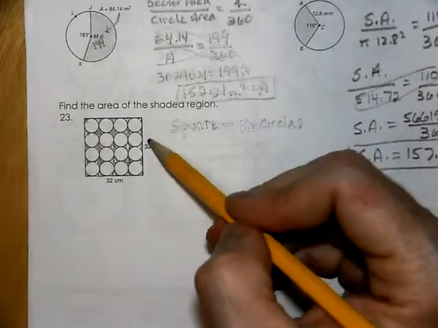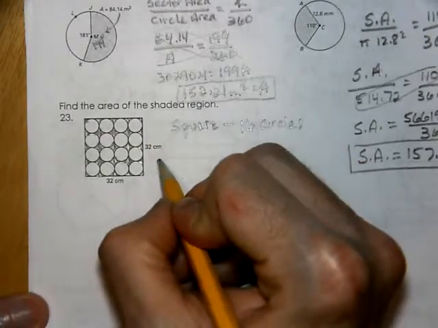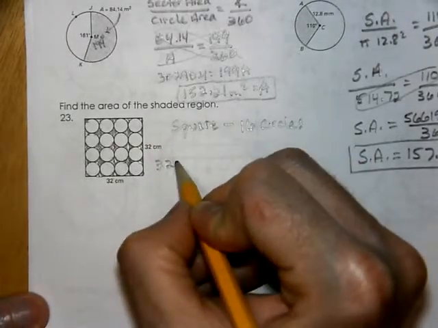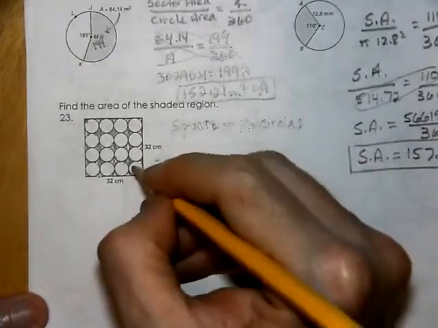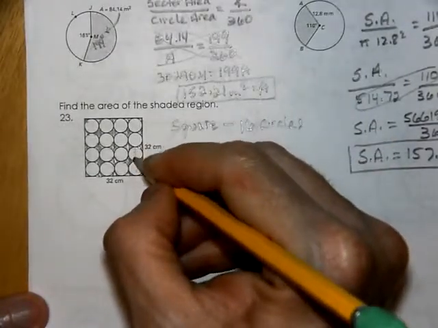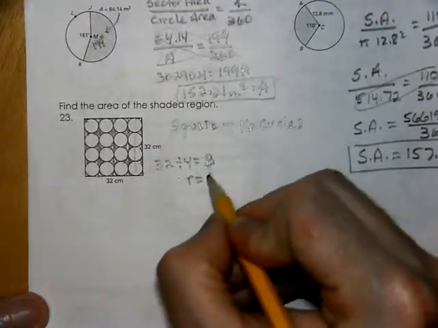Now, if each side is 32, we're going to take 32 and divide it by 4, which is 8. So the diameter of each one of these is 8. So the radius of each circle is 4.